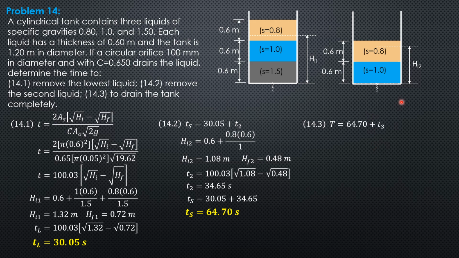Because in the last case, the uppermost liquid is left, there's no need to convert that. So the initial head is 0.6, the final head is 0. So T is 64.7 plus 100.03, quantity square root of 0.6 minus square root of 0. So T is 142.2 seconds. So that's it for this problem.